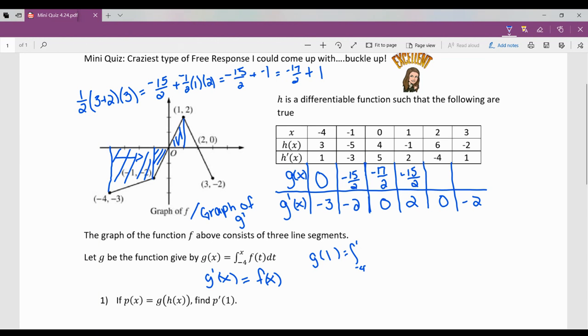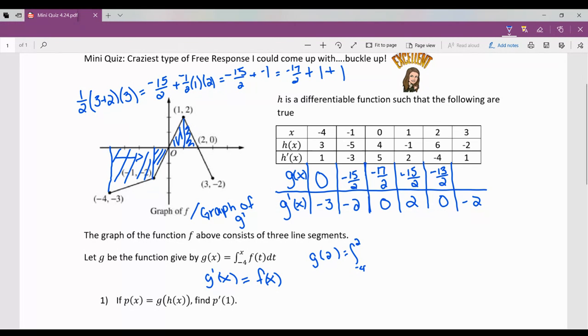Then we do 2. So we do the area under the curve from -4 to 2. That's also adding on another 1 because that triangle is 1. So that's going to be -13/2.